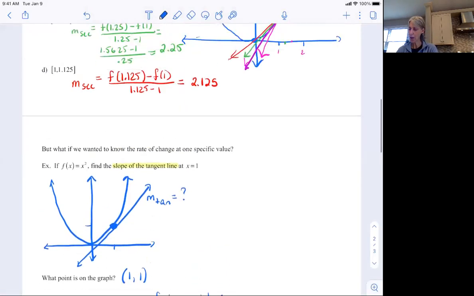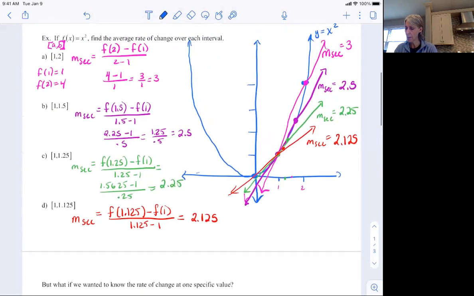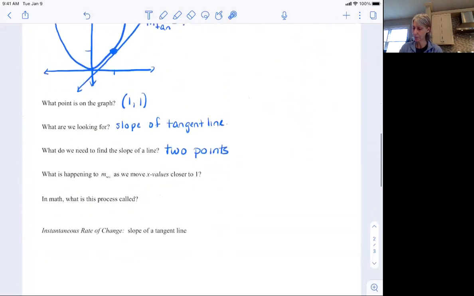Let's go back up to our other picture. What is happening to the slopes of our lines as we move our point closer to 1? As we move this value closer and closer and closer, our slopes are getting closer to 2.